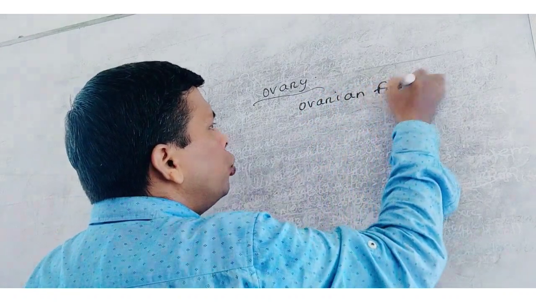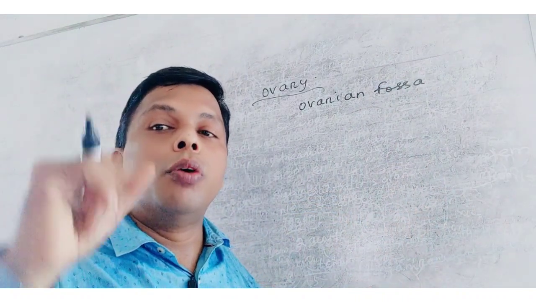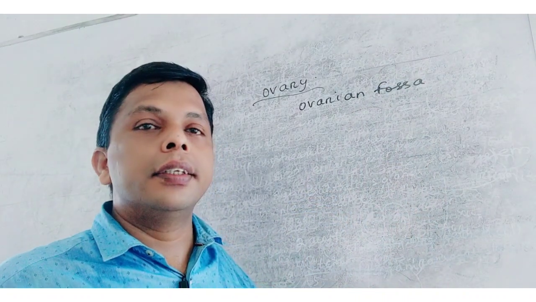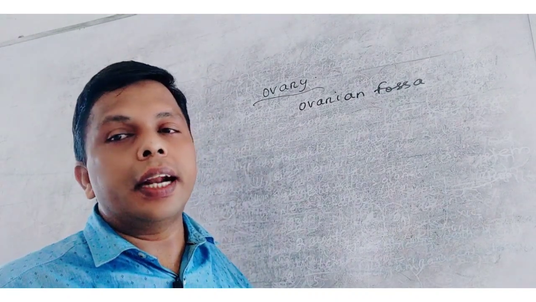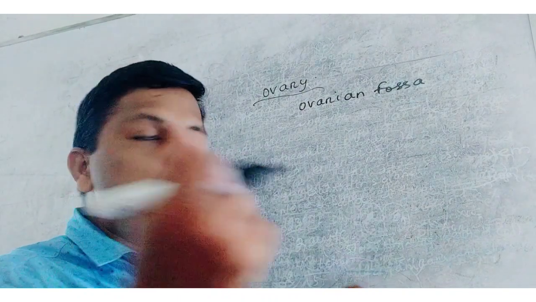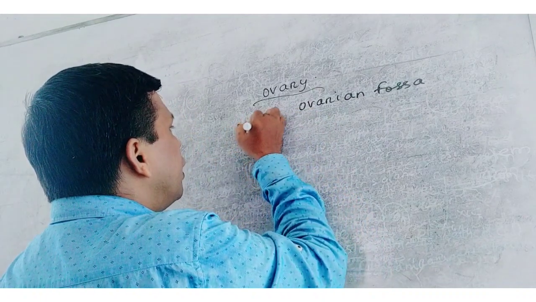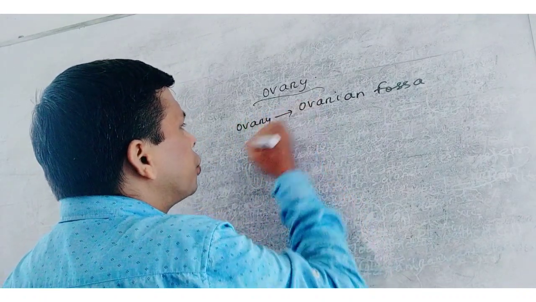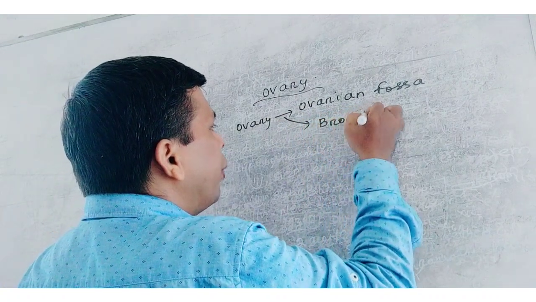Two ovarian fossa are there. In this ovarian fossa, the ovaries are attached. The ovary is attached to the fossa by the broad ligament.